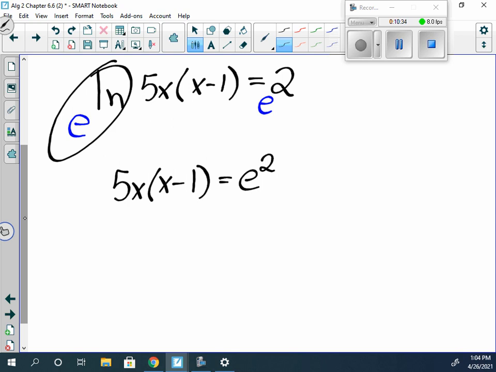Any questions on any of this here so far? We can go on and simplify, because we can use our distributive property. 5x times x would be 5x squared. Minus 5x times negative 1 would be negative 5x is equal to e squared. Is e to the second power going to be a whole number?